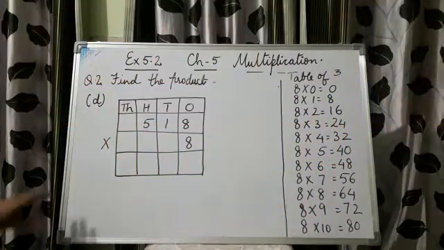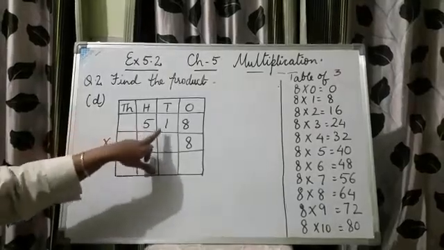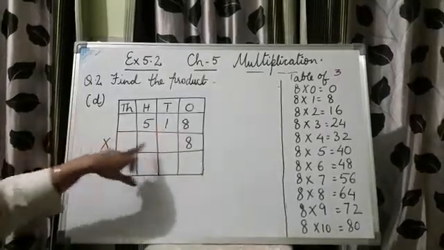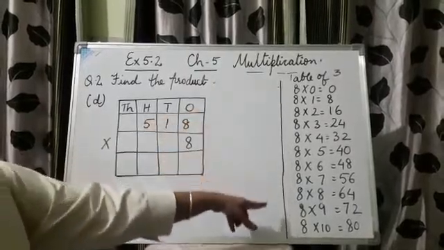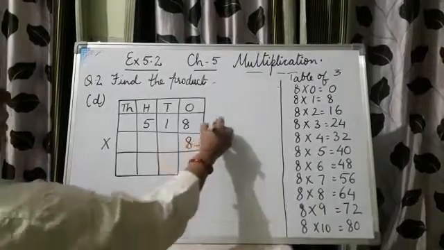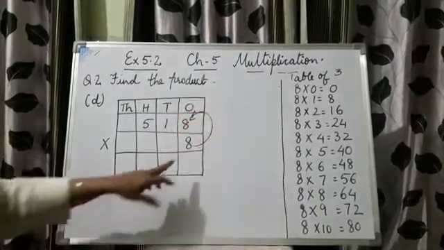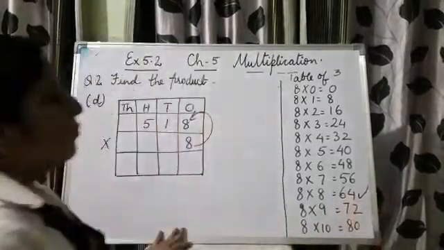Now coming to the D part of this question, this says 518 to be multiplied with 8. Again I have written the 8 table on the side. 8 to be multiplied with the ones digit. 8 8s are 64.